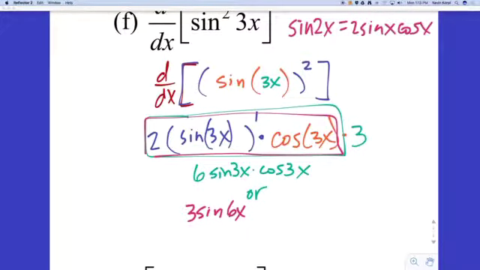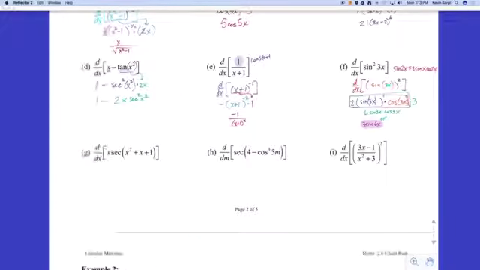Remember the double angle identity. As long as it's 2 sine of blob cosine blob, it's equal to sine of twice the blob. So it becomes sine of 6x times the 3. So that might be something I would do on a multiple choice to get you to do one thing extra at the end. It's also a little bit easier because it's less typing.